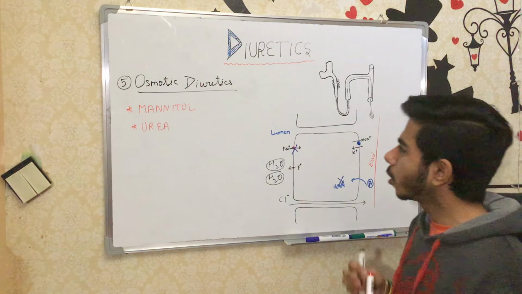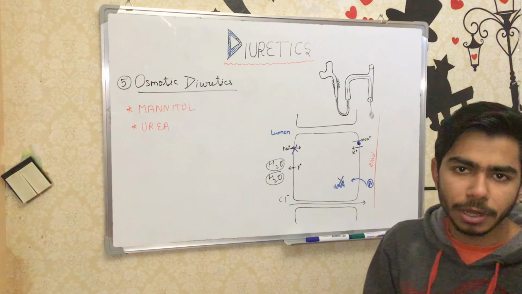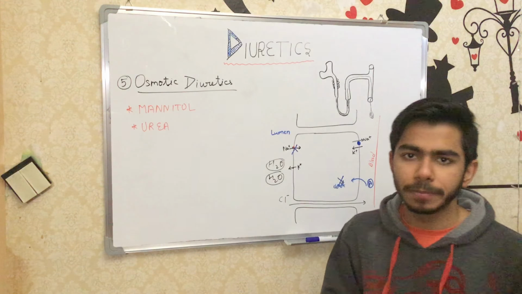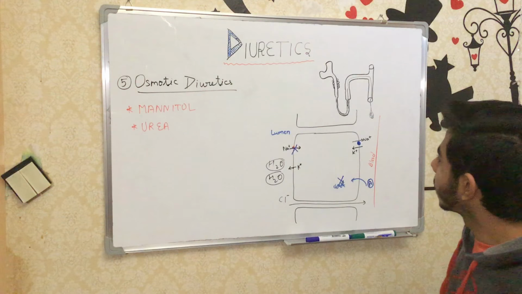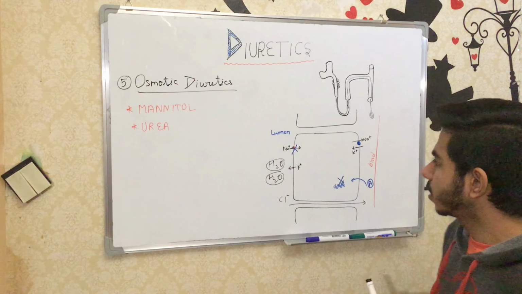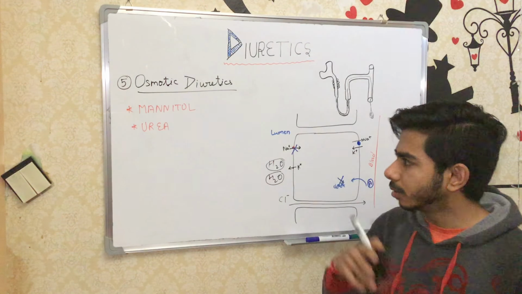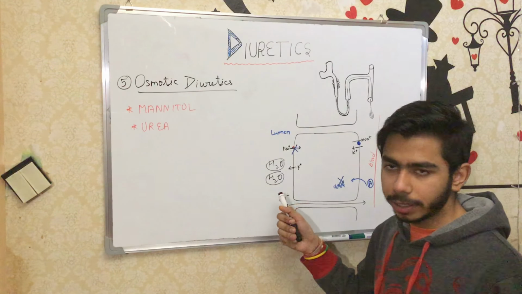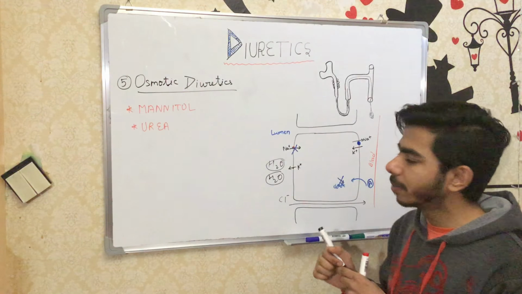Now volume overload can be seen in such patients. Also some kind of electrolyte imbalance can be seen, for example, sodium or potassium in higher or lower concentration. And dehydration can also be seen, as in overdoses of osmotic diuretics like mannitol or urea, an excess amount of water can appear in the tubular lumen from the cell, and appear in urine.